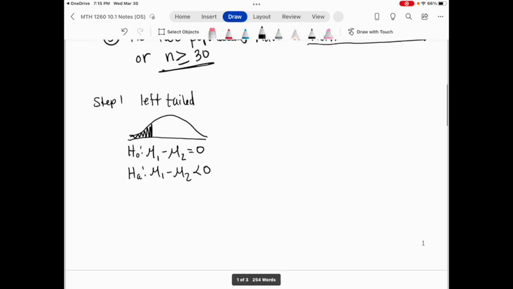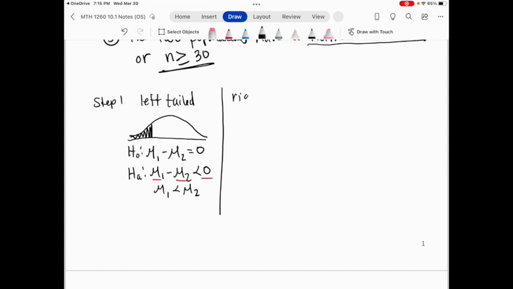Now, when we set up the alternative hypothesis, if it's left-tailed, that means mu1 minus mu2 is going to be less than 0. And another way to state that is that mu1 is less than mu2. And we know this because if the difference between two numbers is less than 0, meaning negative, then the second number has to be bigger and the first number has to be smaller in order to get a negative number.